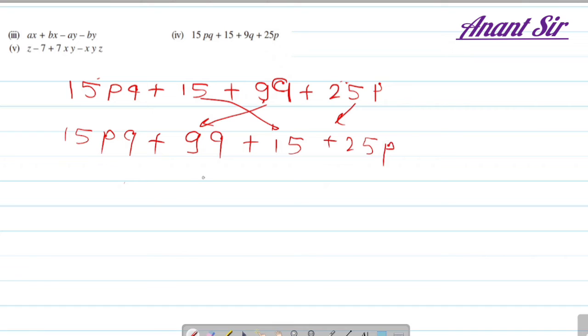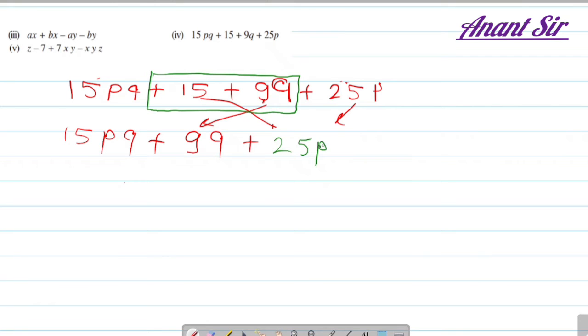I have not changed the sign. I have changed the position of these two terms. Okay. You can do it differently also. For example, write this plus 25p here and take this 15 here, and you will still get the answer correct. No problem. You will still get it.